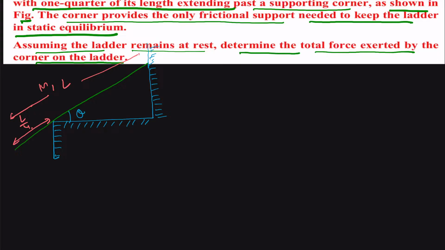Let us assume that this is point A and the other point we call B, and suppose this is our O. Therefore, total length is L, with L by 4 extended, so we can say this length is 3L by 4.